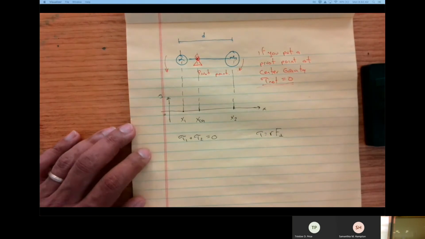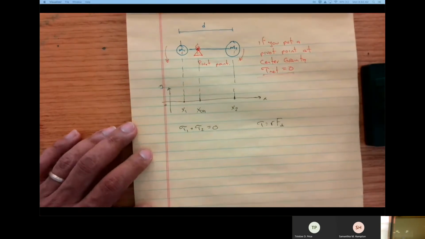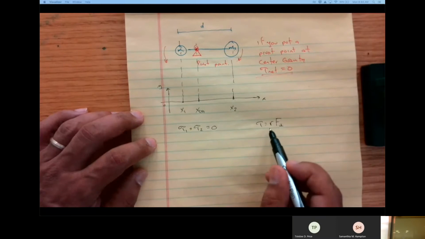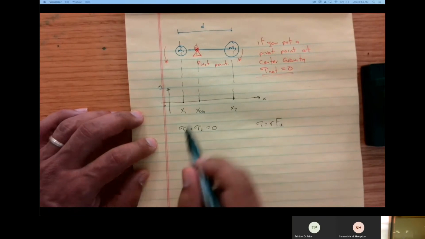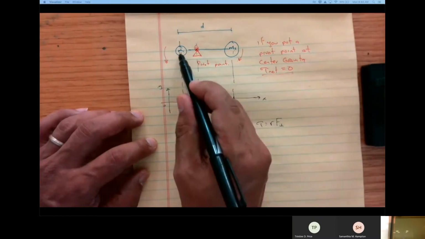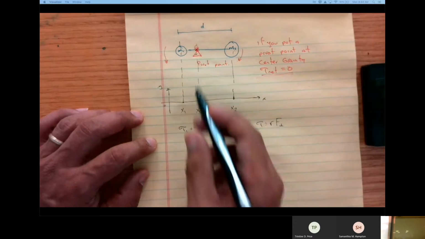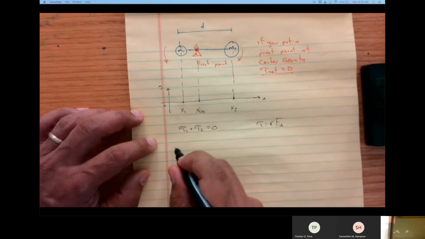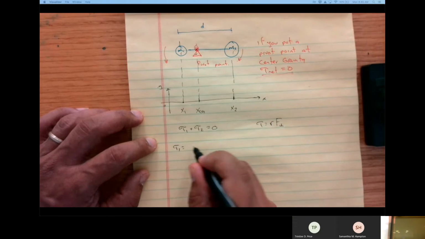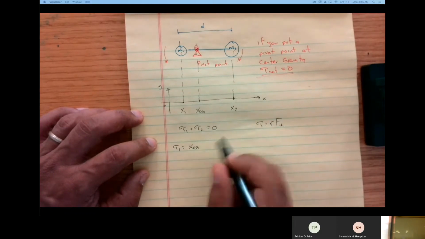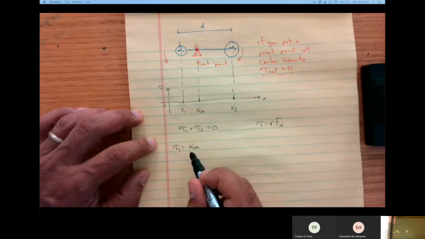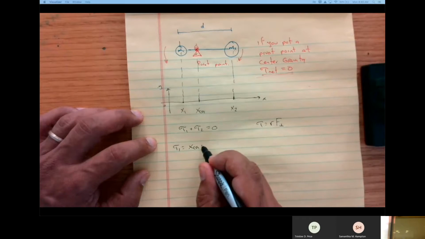Now, the distance between M1 and the center of gravity is going to be the position of the center of gravity, whatever it is, minus x1.